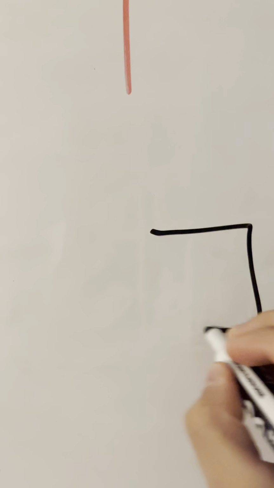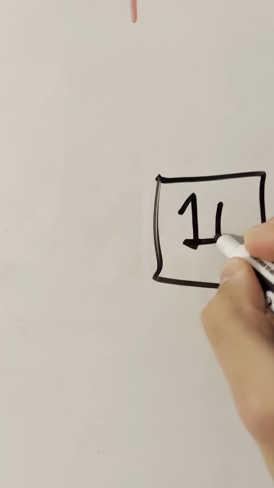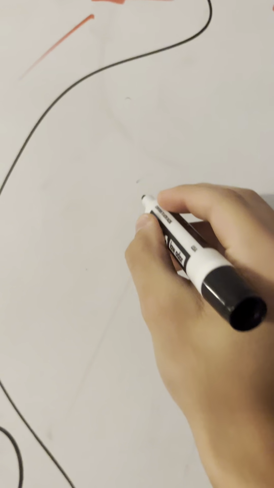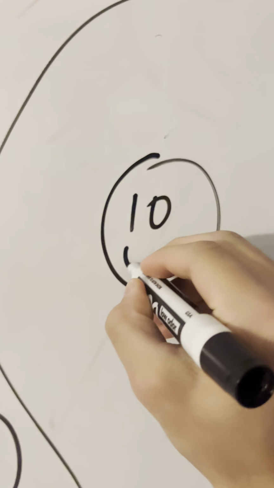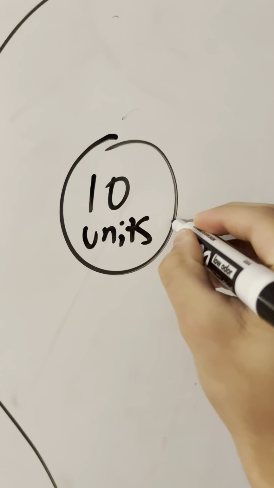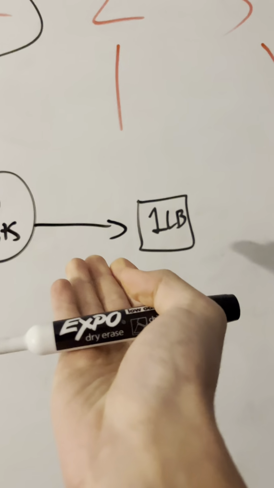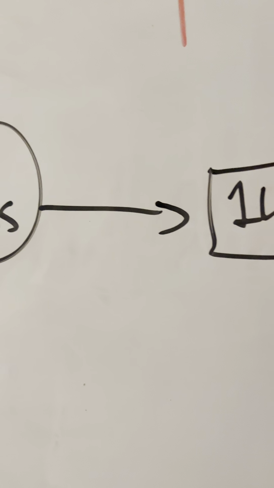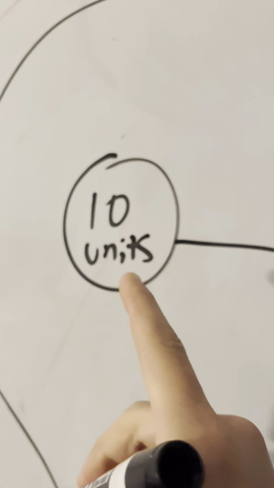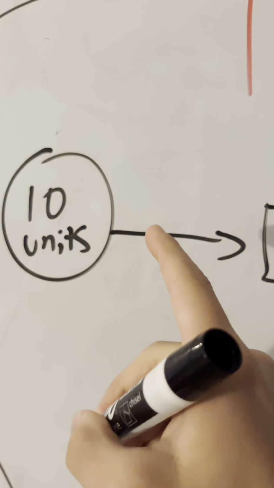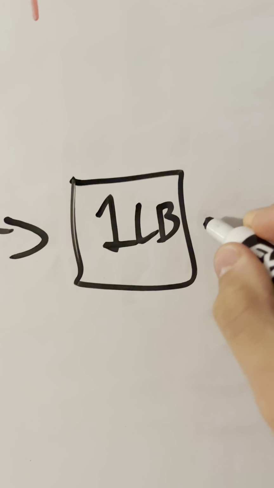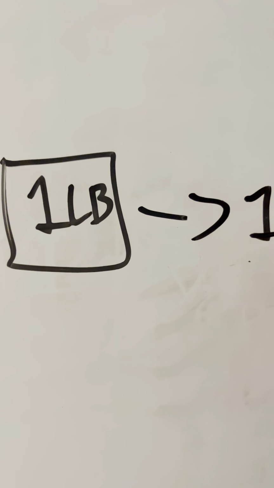So take this 1 pound object, cube, whatever, and then we put in 10 units of force upon it. Okay, it's going to move in this direction at 1 meter per second. So as a result of this imposing force, this will now move this way at 1 meter per second.